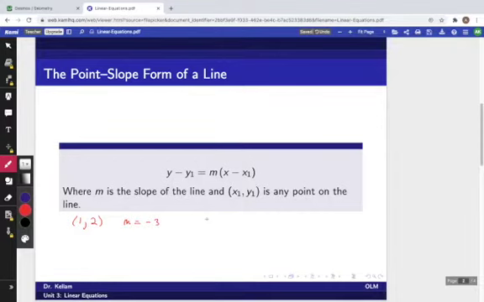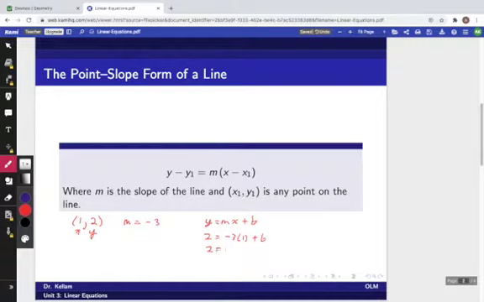but we can use, if we want, the slope-intercept form to figure out what b is. We would just do that by plugging in the values that we have. We have an x value, a y value, and an m. So 2 equals -3 times 1 plus b, and then we solve.